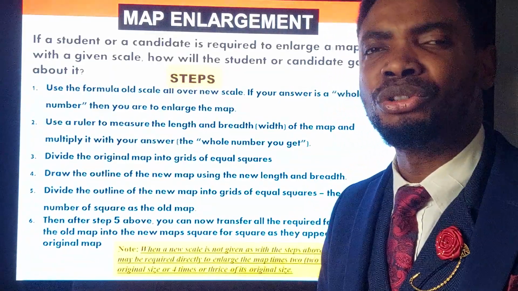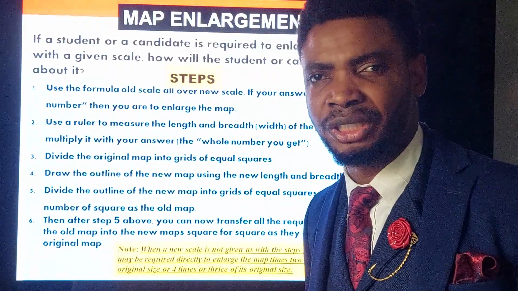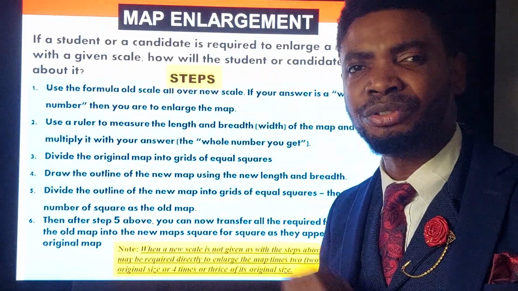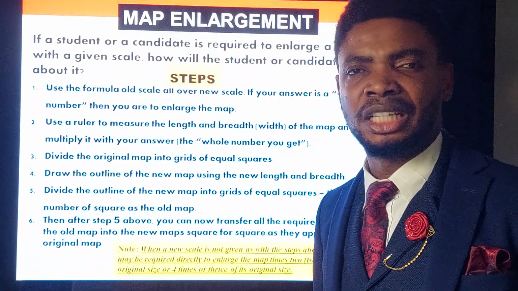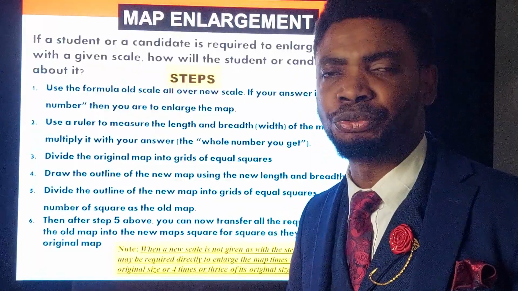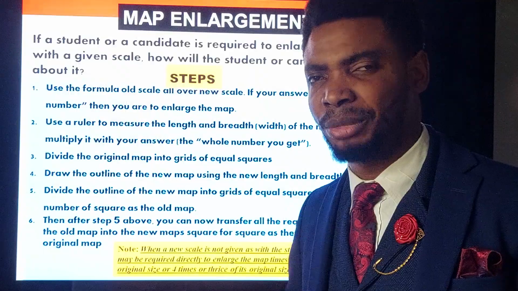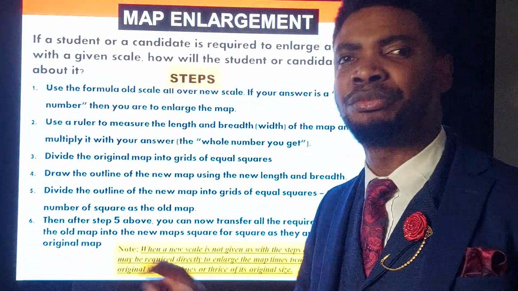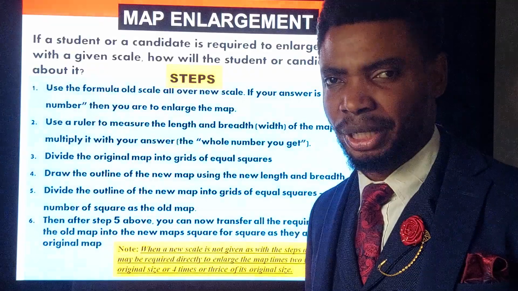If your old scale is bigger, let's say 1 to 250,000, and you are given a new scale of 1 to 150,000 or 1 to 50,000, automatically you know you are going to enlarge the map, because 250,000 over 50,000 will give you 5. That is a whole number.